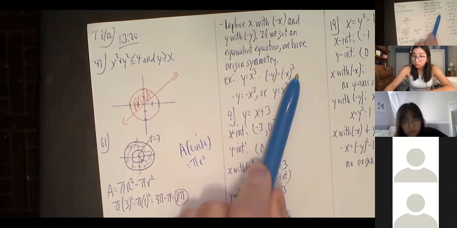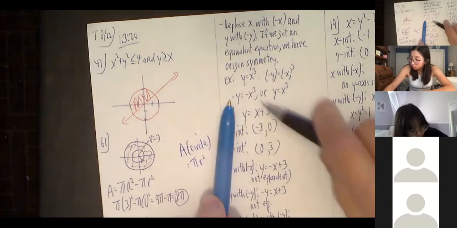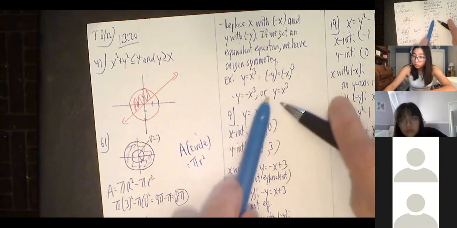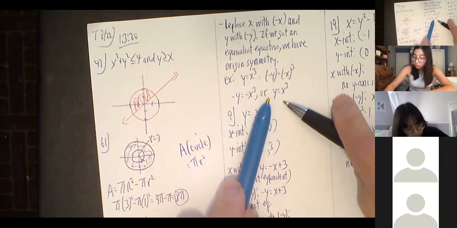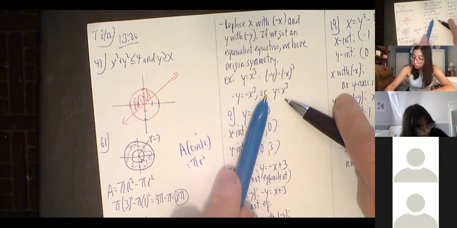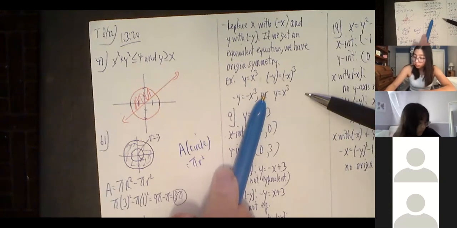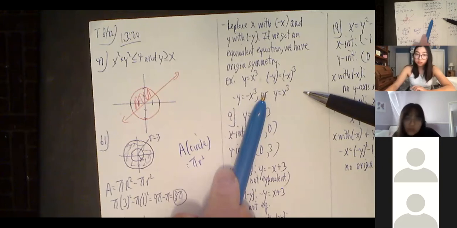Negative x times negative x is negative x cubed, but that is equivalent to the original. If I just multiply both sides by -1, you get y equals x cubed. So yes, indeed, you do have something called origin symmetry in this particular case. And I'll show you how to do some of those.